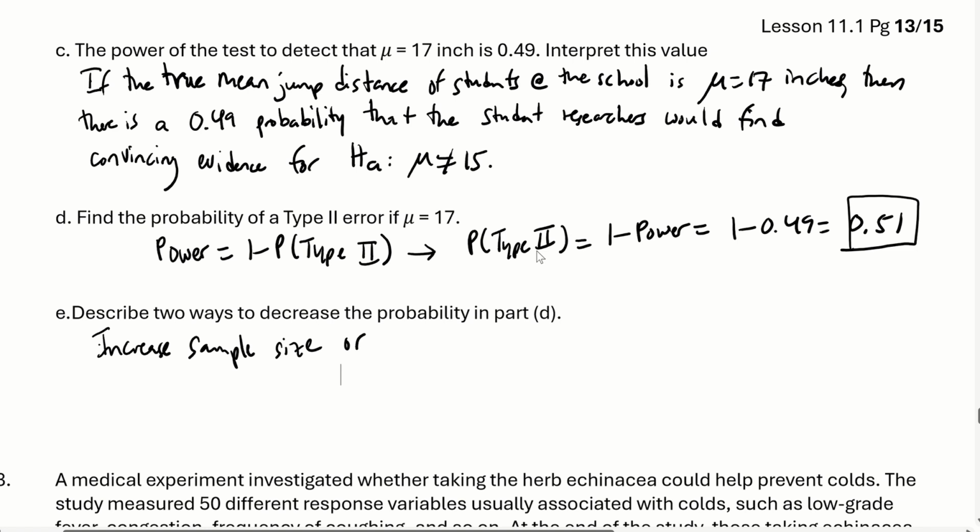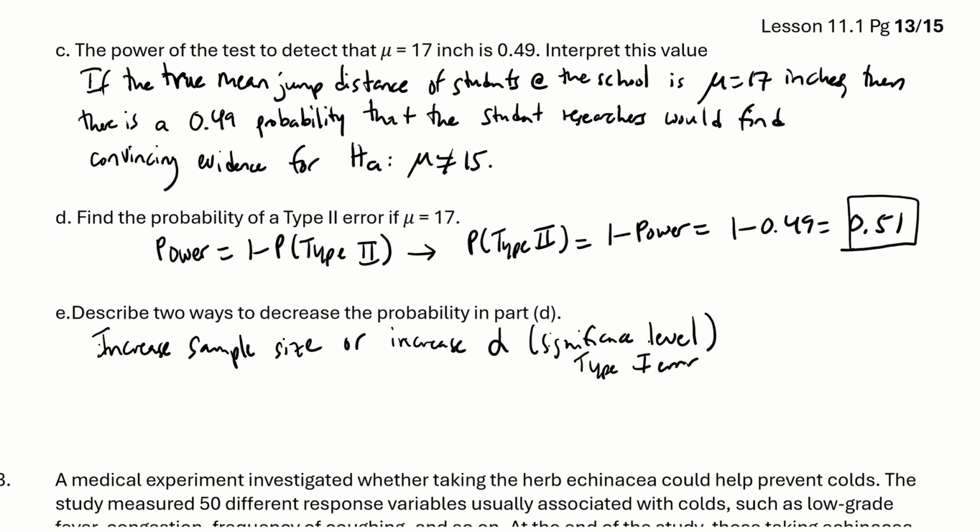So we can use a larger significance level, so we could increase alpha, the significance level. Remember, alpha is also the type 1 error. So if I increase alpha, I decrease type 2. Okay, so that's a couple ways to do it.